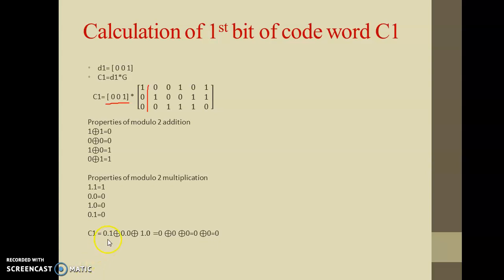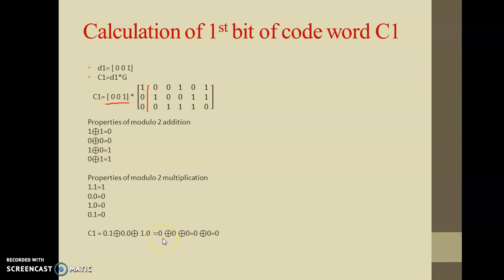So 0 into 1, plus (this is XORing) the second bit of D1, 0, multiplied by the second bit of the first column, 0, plus the third bit of D1, 1, into the third bit of the first column of G, 0.